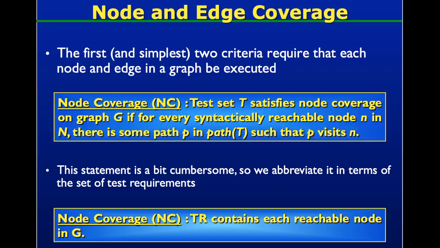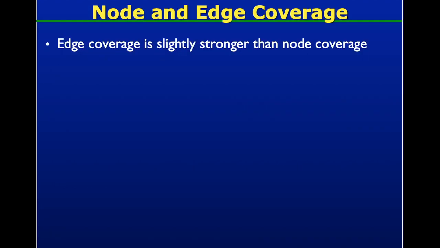For example, if you have a graph of 1 to 4 that has nodes 1, 2, 3, and 4, the node coverage would cover all the nodes, which is 1, 2, 3, and 4. We write them out. Next up is the edge coverage.